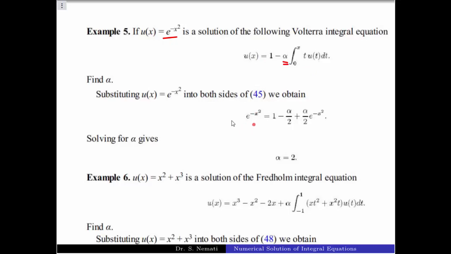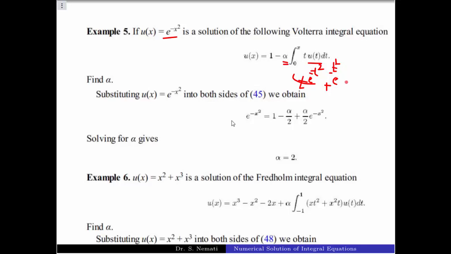So in the left side, we have e to the power negative x squared, and in the right side, if we substitute, instead of u of t, e to the power negative t squared, you will have the function t times e to the power negative t squared, and you know that its antiderivative equals e to the power negative t squared with a positive sign, and if we take derivative of this function, we will have the expression t times e to the power negative t squared.